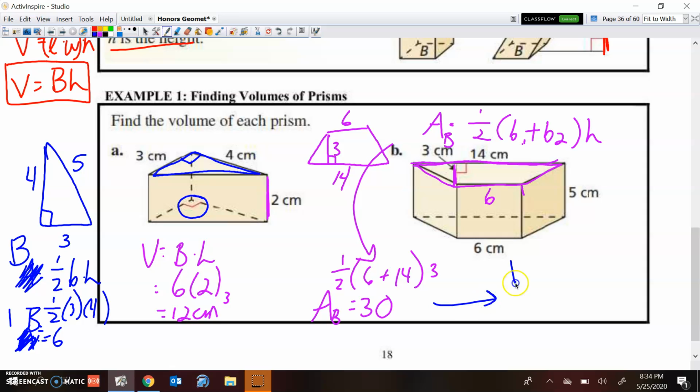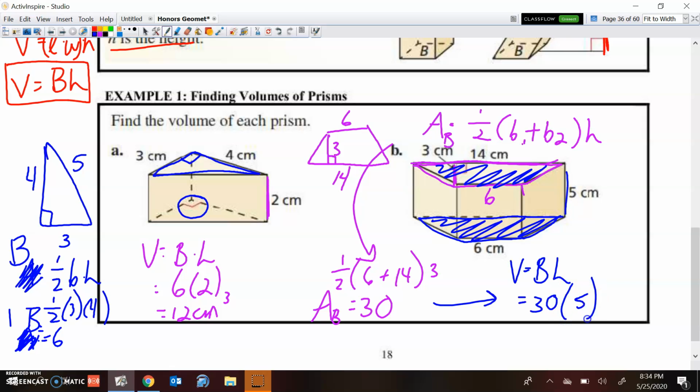I say volume is equal to area of the base times the height. So the area of the base, this here, which we know is the base because it's parallel to another congruent polygon, is going to be 30, and then the height of the prism is 5. And that's how I get 150 centimeters cubed. Okay? All right, let's go on to the next one.